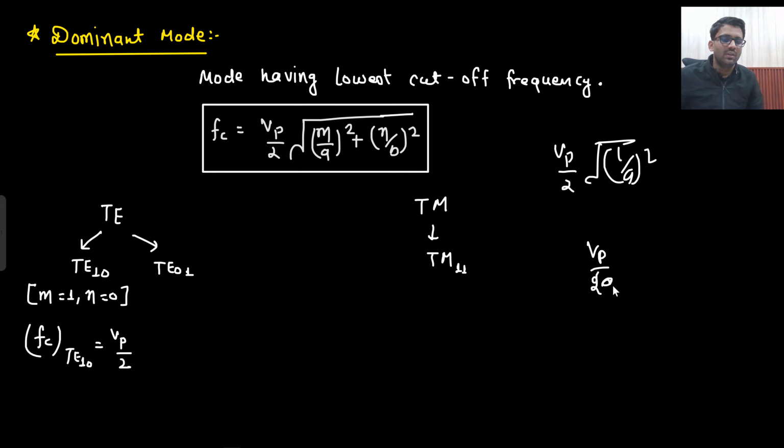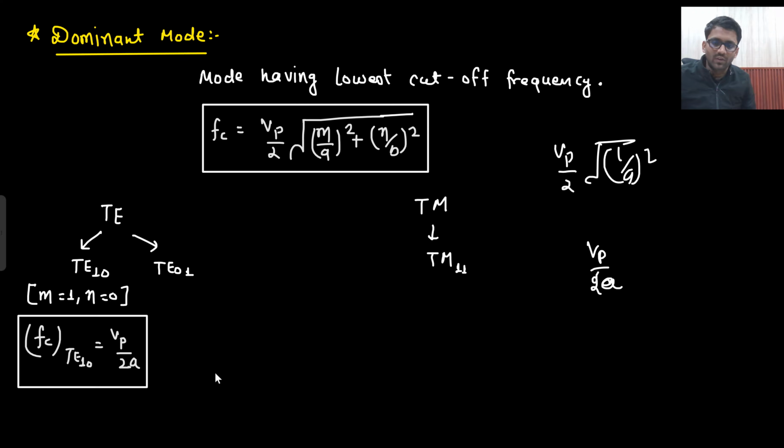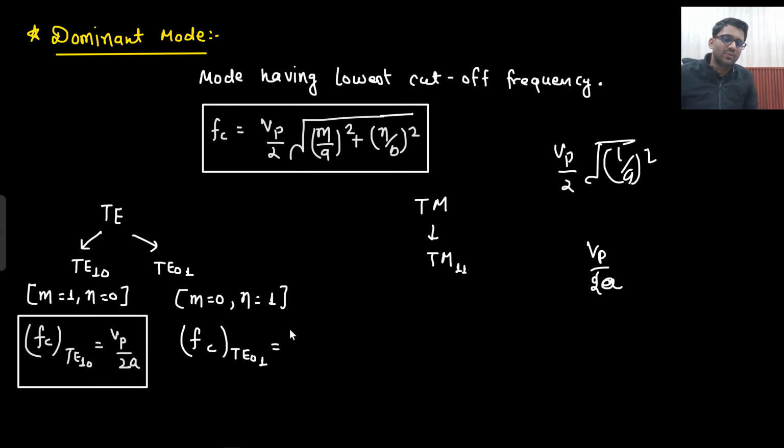So I am getting Vp by 2a. This is your cutoff frequency for TE10. Now if I calculate for TE01, that means m is 0 and n is 1. Here I will put 0, here I will put 1. So I am getting Vp by 2b.